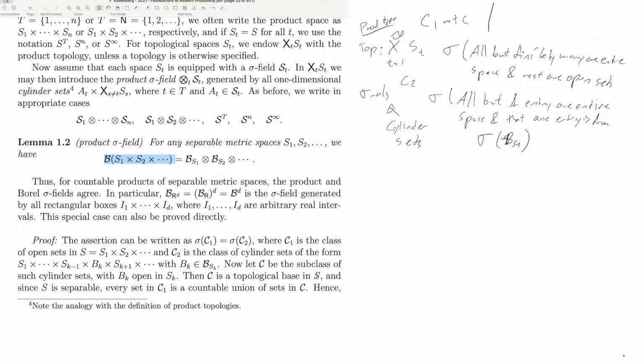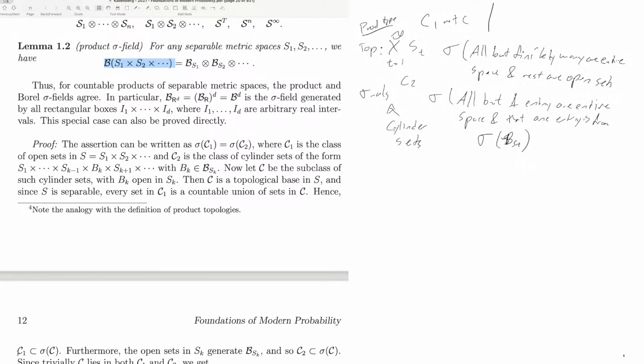Okay. This is fine since C is separable. Every set in C1 is a countable union of sets in C. Okay. This makes sense.